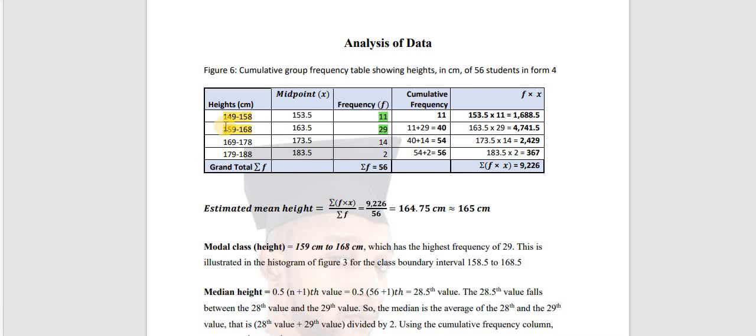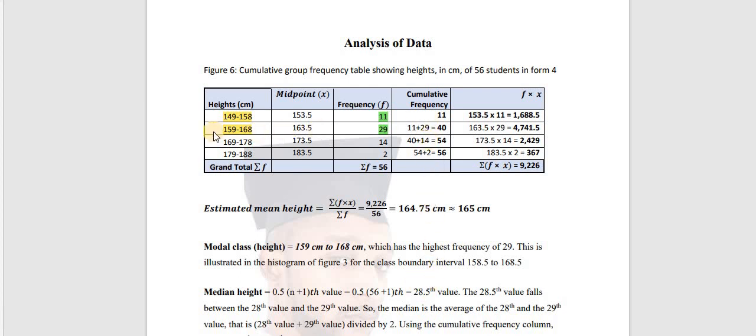But really, because it's a small number of students, we tend to add 1 to the total of 56. These 56 students is a very small amount, so we tend to add 1 and get 57. We find half of that and end up with 28.5. So what's the position of the 28.5?